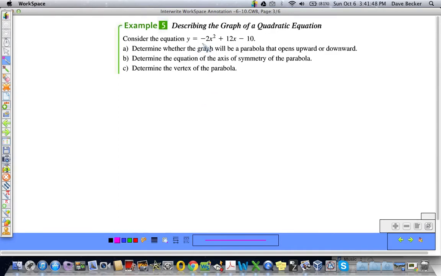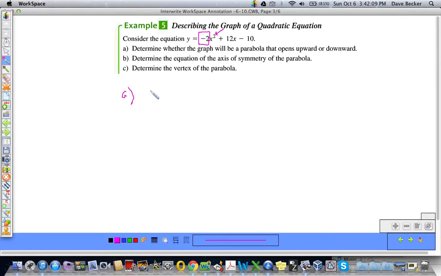Consider the equation y equals negative 2x squared plus 12x minus 10. It is a quadratic because its greatest exponent is 2. Determine whether the graph will be a parabola that opens upward or downward. Well, that all depends on the coefficient of the squared term.